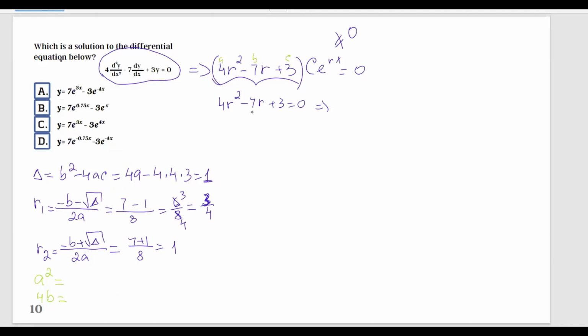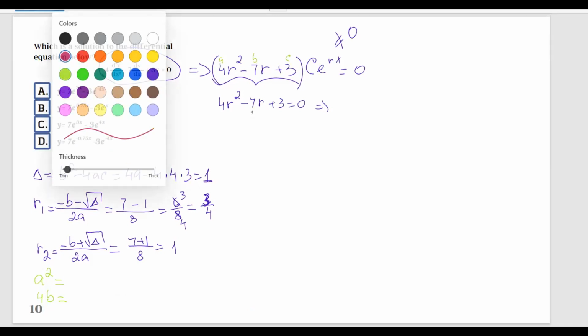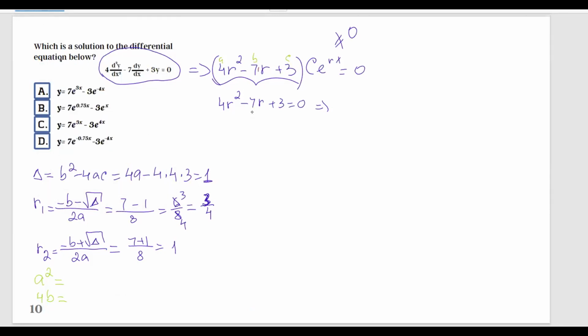Coming back to our problem, we're actually going to have this as A, and then this as B. Let me write down A is equal to -7 and B is equal to 3.